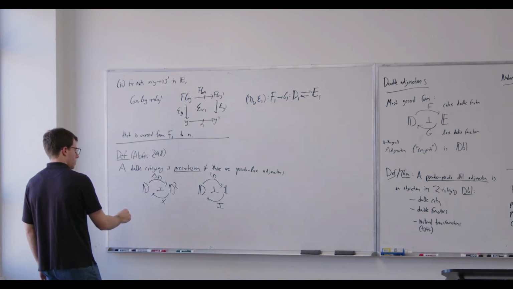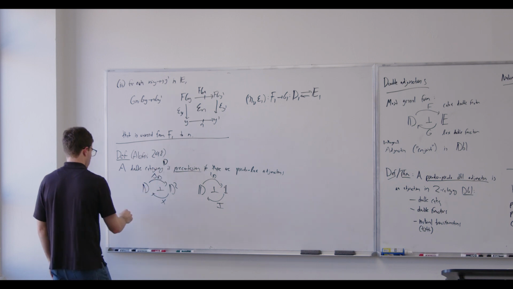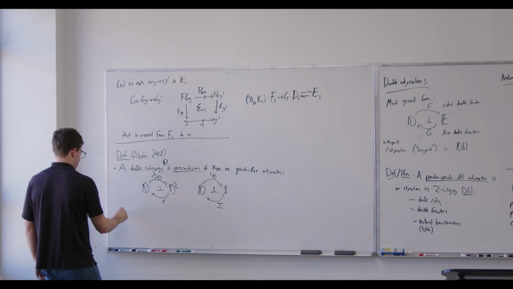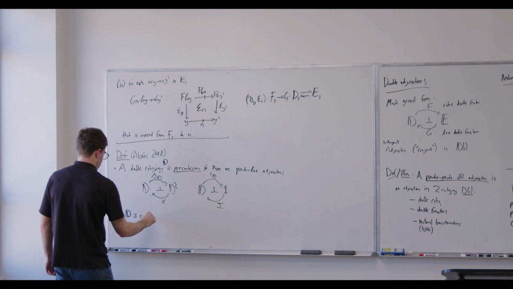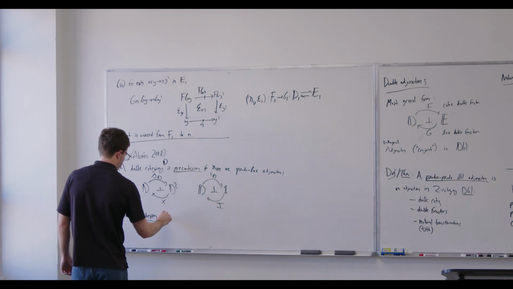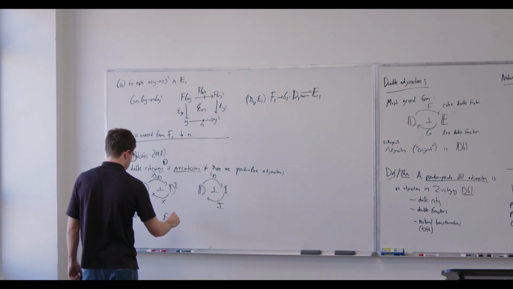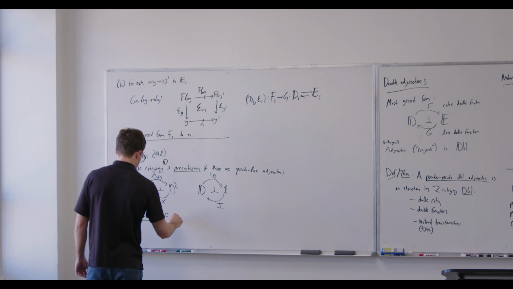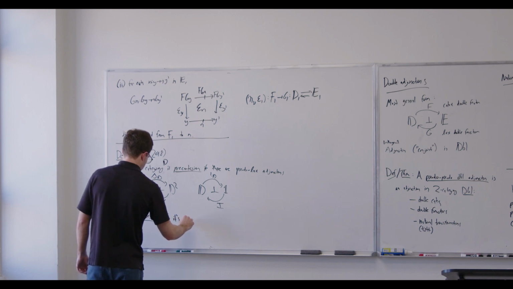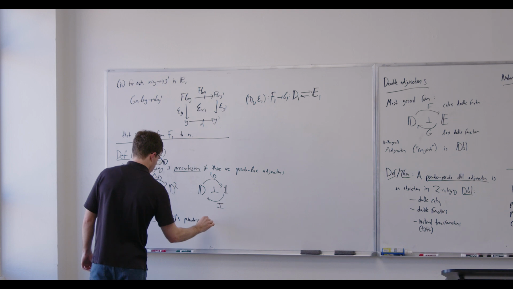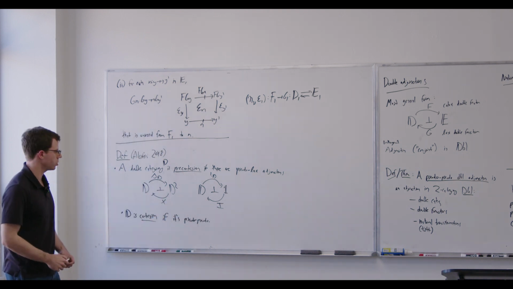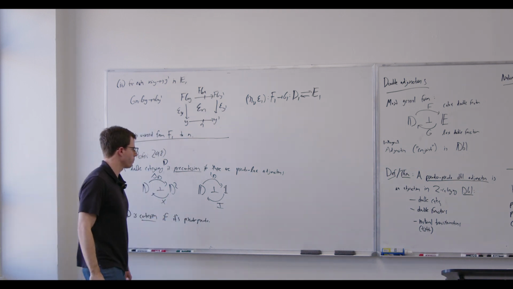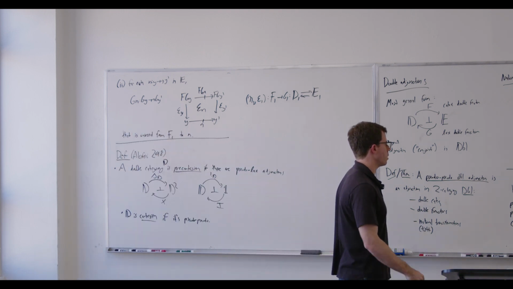And this is D, and D is Cartesian if it's a pseudo adjunction. In other words, these right adjoints actually turn out to be pseudo double functors and not just lax ones.